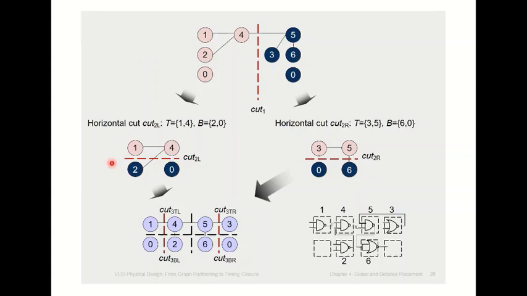So randomly we cut horizontally to split cells 1, 4 on top and 2 and dummy cell 0 at the bottom. Similarly for the right partition, 3, 5 on top and 0, 6 at the bottom. So this is an arbitrary cut, and then we use the KL algorithm to solve the optimized partitioning.